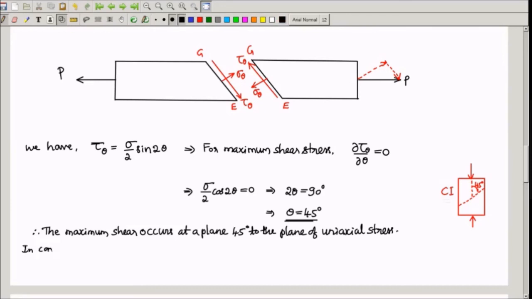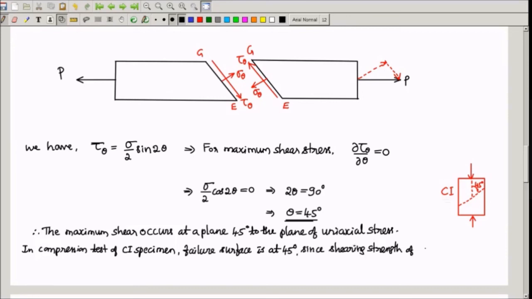In compression test of CI specimen, CI stands for cast iron, the failure surface is at 45 degree, since shearing strength of cast iron is less than half of its strength in compression. That is why it fails at that plane.